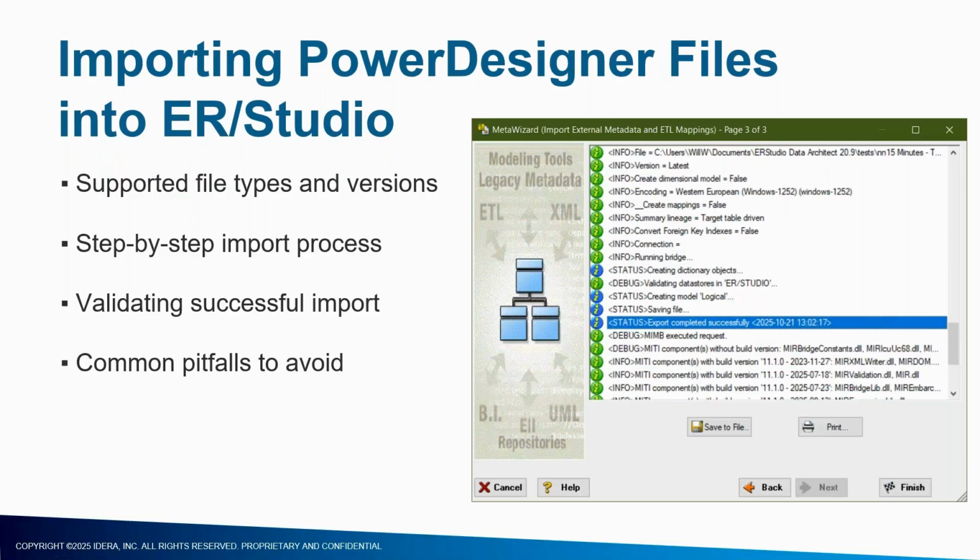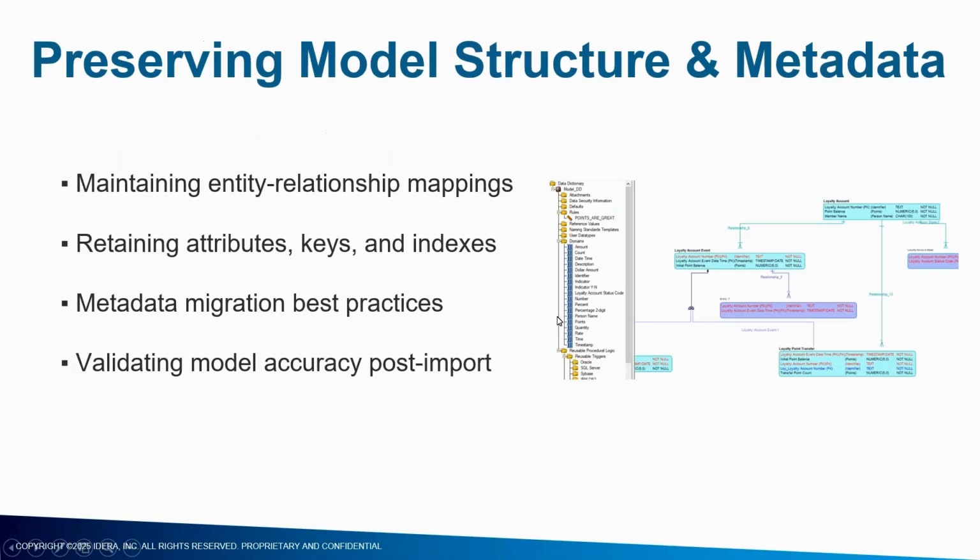If you are with Power Designer, you can also have some inconsistency between your different objects, and you can validate during this import. If you have some inconsistency, it can directly raise some specific warnings during this import process, so you can dodge it. I will show how to use this wizard during the demo after these slides.